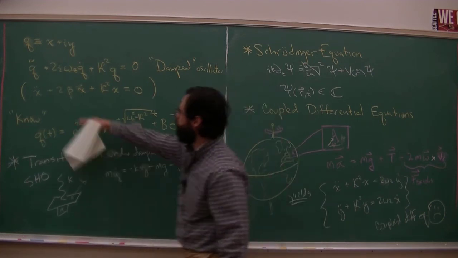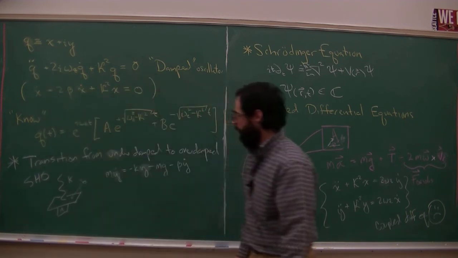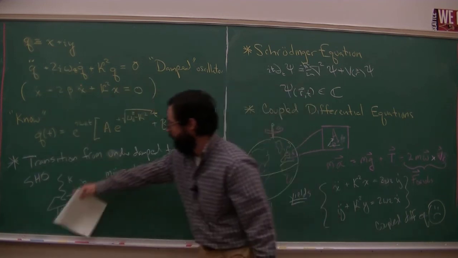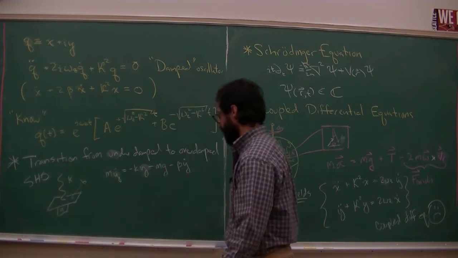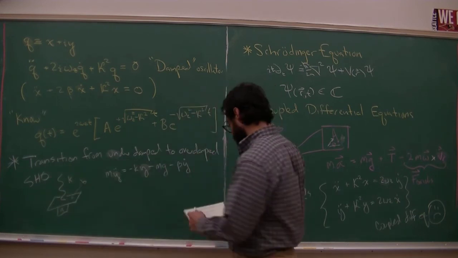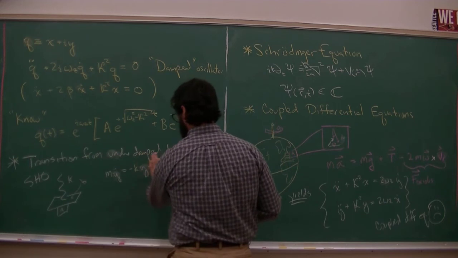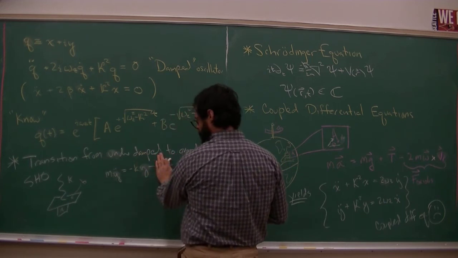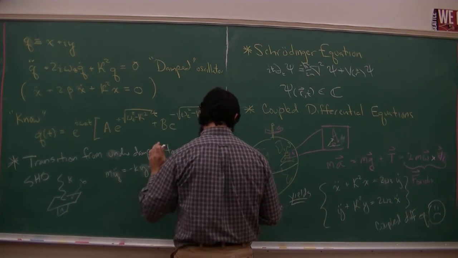So, aha, this looks a lot like that, right? And the mg is just because I happen to draw this going in the vertical direction. So we have an equation that looks fundamentally like this. So you've got a double dot term, a single dot term, and a constant term.